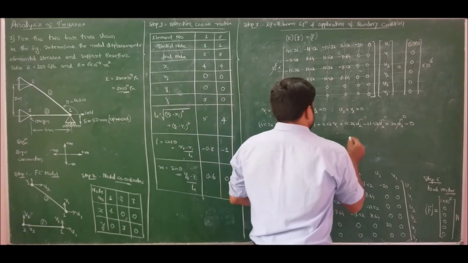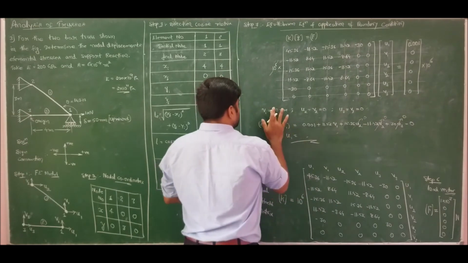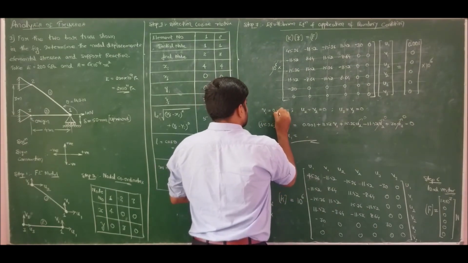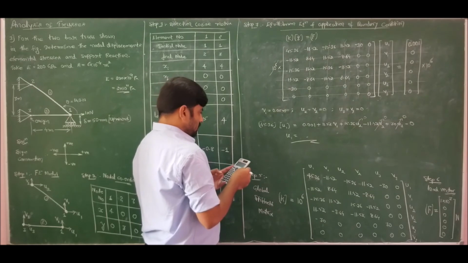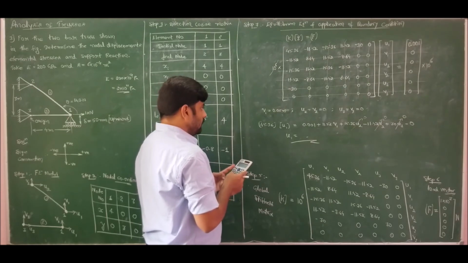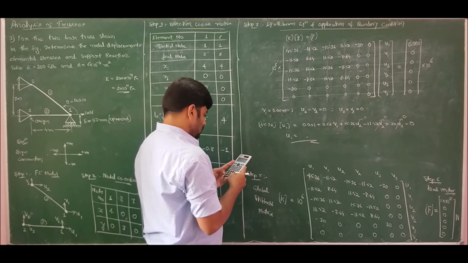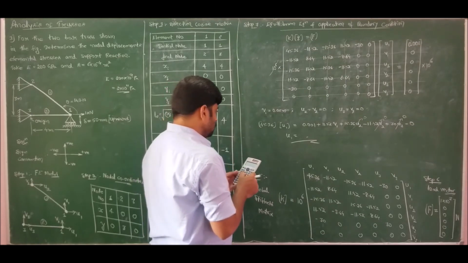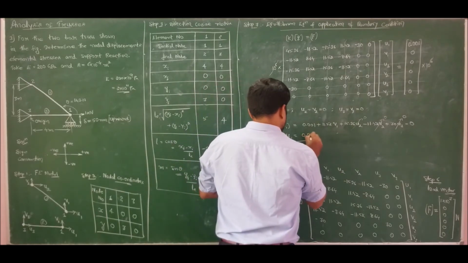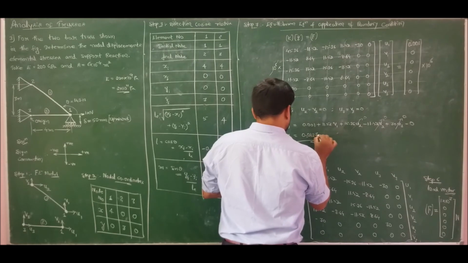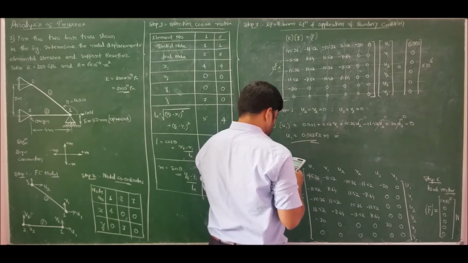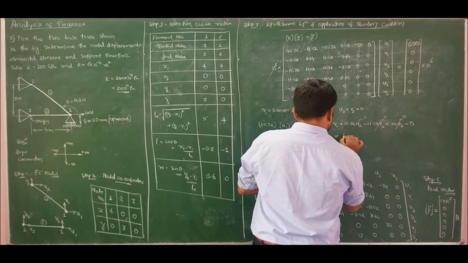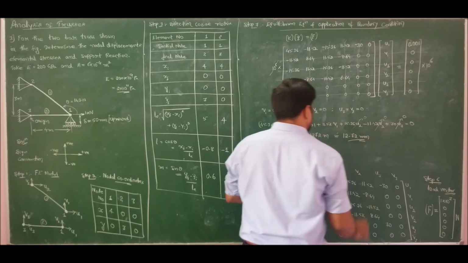So V1 will be 50 mm, which is nothing but 0.05 meters. 0.05 divided by 45.36, which is turning out to be 0.0127 meters, which is equal to, if I multiply 1000, I will get it in millimeters as 12.72 mm is the displacement of node 1.